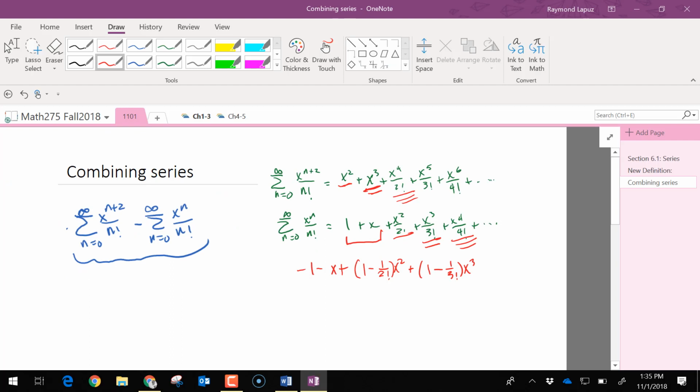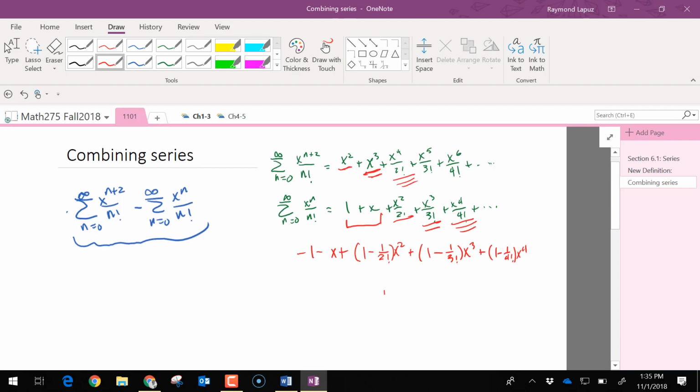Okay. So the thing to look for is, you have to ask yourself, can you find a pattern here eventually? And so 1 over 4 factorial x to the fourth. What if I say dot dot dot and I want to go to the nth term? n or n plus 1?